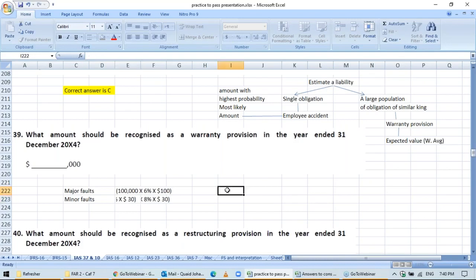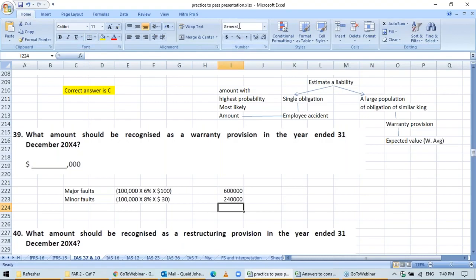So in expected value, we calculate two costs at their own probabilities. We have multiplied by 6% and 8%, and we will add both of the costs to arrive at the answer. So I have used both the items, major faults also and minor also, because both of these will occur several times. So you have to take an average.